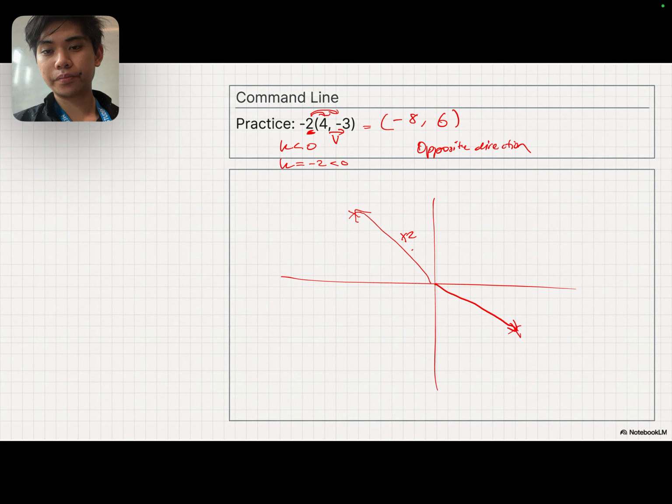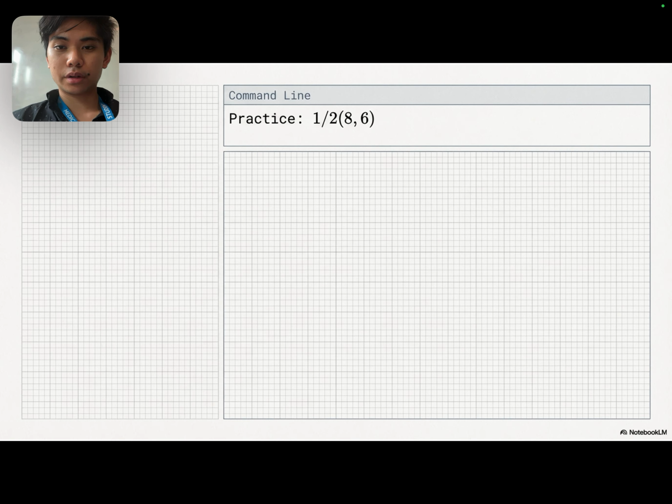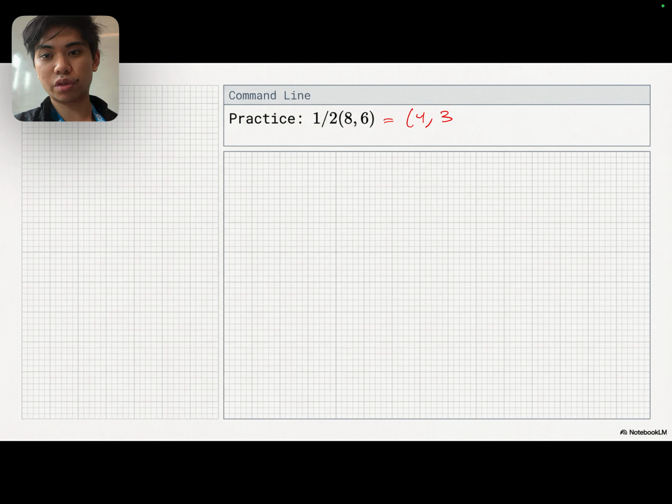Okay. Right, and similarly, just like in a previous question where we were halving, we just got to do half times 8, which is 4, and then half times 6, which is 3. Okay, so it's going to be 4i plus 3j.